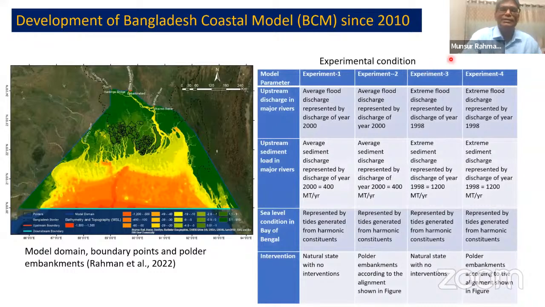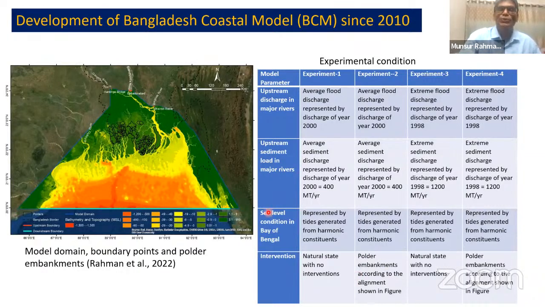And we created, the first of its kind I think, a scenario experiment in the system: two hydrological scenarios, the average flood condition and the extreme flood condition, and two intervention scenarios. For example, the natural stage, where we remove these polders and polder embankments.